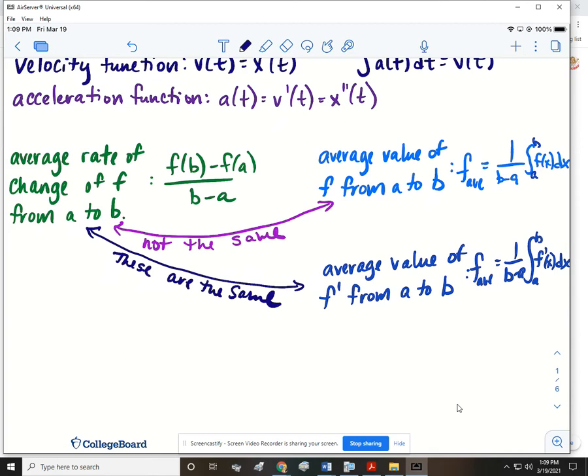Okay. Now let's talk about these relationships, like average rate of change and stuff, with position and velocity and acceleration.